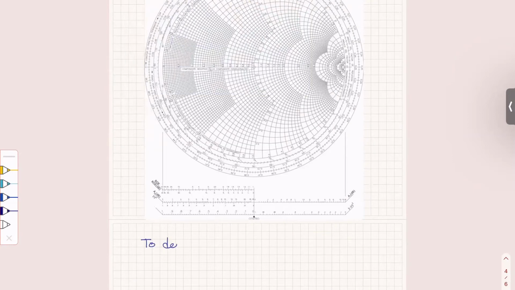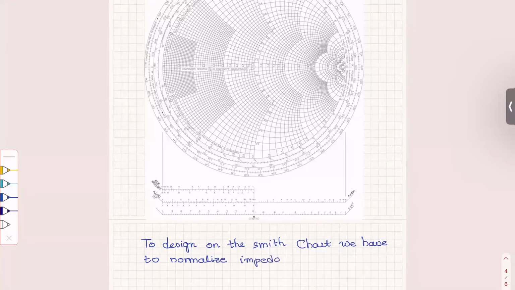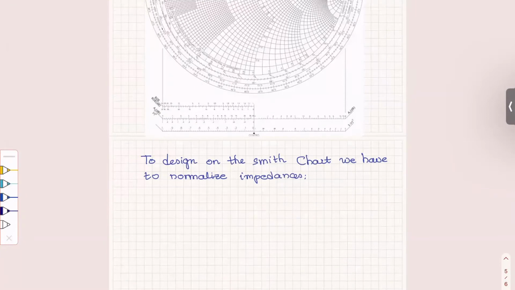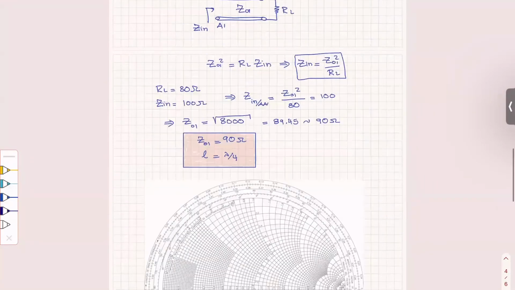To design on the Smith chart, we have to normalize all impedances. We're going to normalize with respect to Z01, because that's the common characteristic impedance, which is 90 ohms.